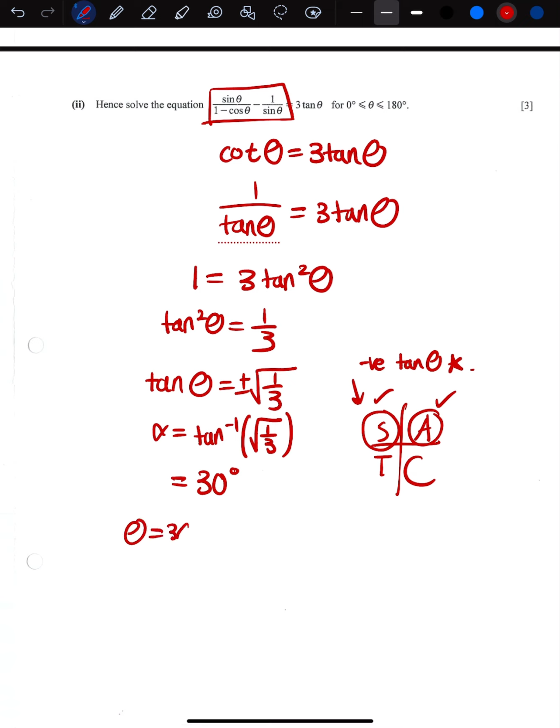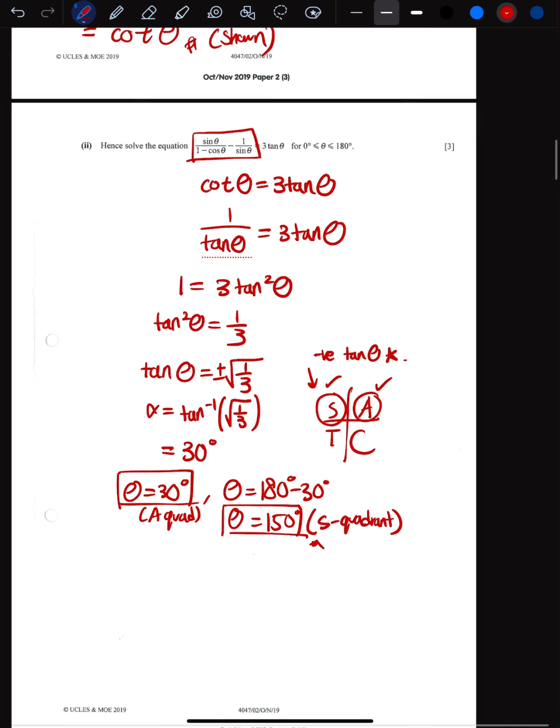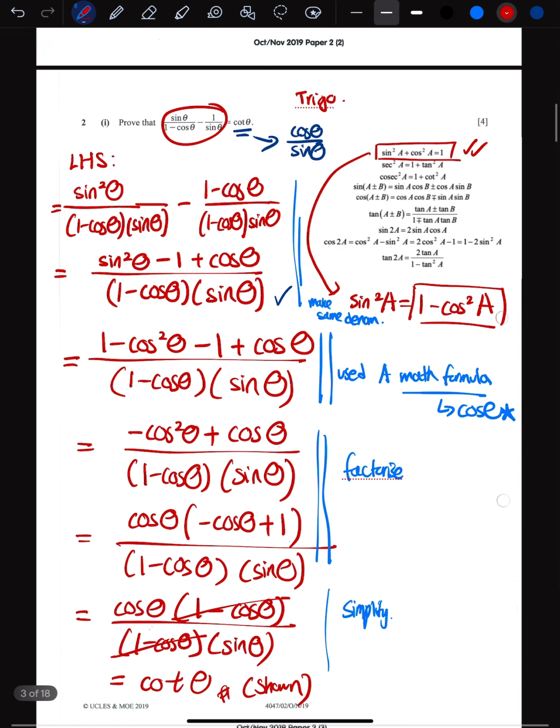Theta equals 30 degrees, this is in the A quadrant, right? Or theta equals 180 minus 30 degrees, which you just get to be 150 degrees. This is in the S quadrant, right? And from here, you just get your two answers. Theta equals 30, theta equals 150. Okay, so that's how you do question 2.